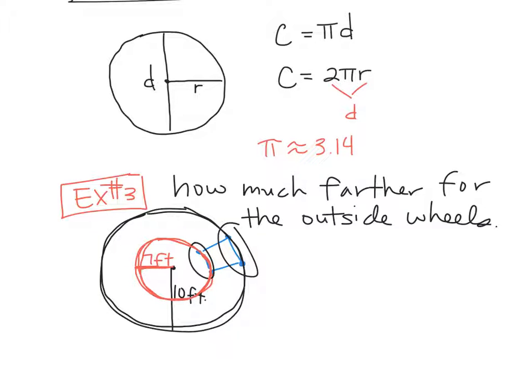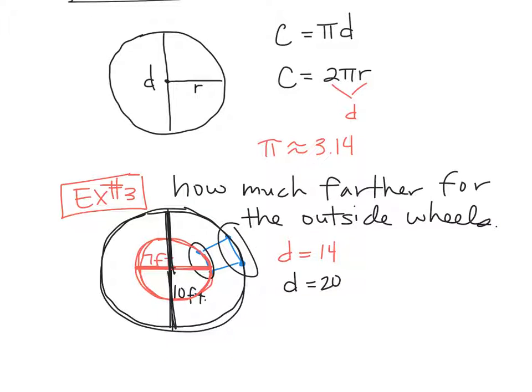The diameter, not the radius. Not 17. If the radius is 7, what's the whole distance across? 14, right? So the diameter of the red is 14. What would the diameter of the black one be? If this is 10, then the diameter is 20.